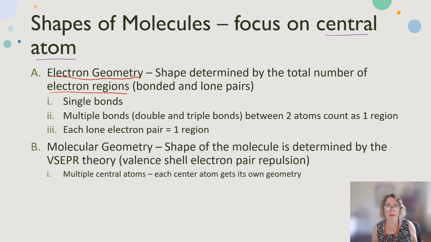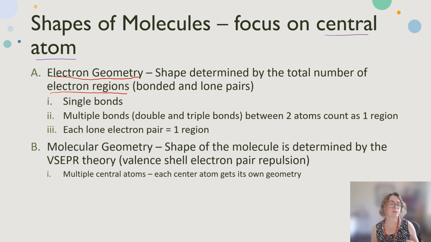Now, the reason we care about this is that these electrons are going to try to get as far away from each other as possible. Like charges repel, and so that's going to push those electrons away from each other, right? They're all negatively charged, and so they're going to try to space themselves out to increase the distance.